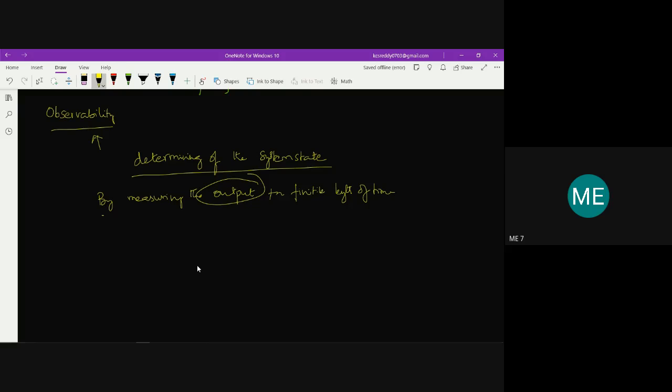If you define it clearly, observability is nothing but finding out the system state by measuring the output of the system for a finite length of time.